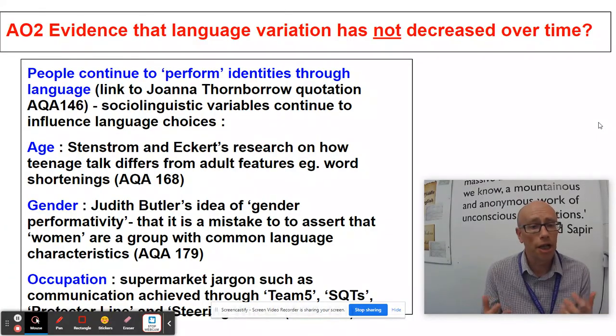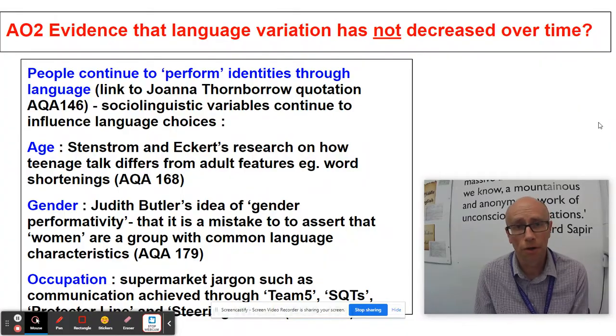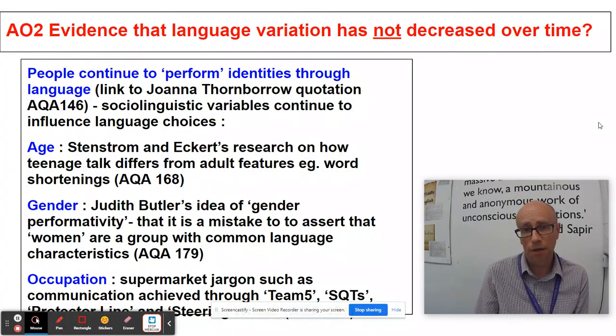You've got the material about gender, where you've got people like Deborah Cameron with her diversity model and Judith Butler here talking about gender performativity, i.e. it's a mistake to assert, as it says there, that women are a group with common language characteristics. Okay, and then you've got occupation as another sociolinguistic variable, where jobs are spawning all sorts of new forms of language.